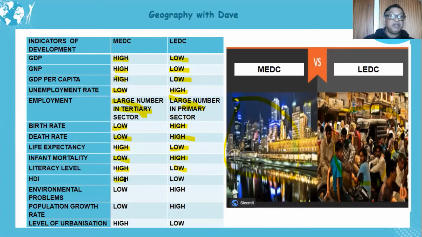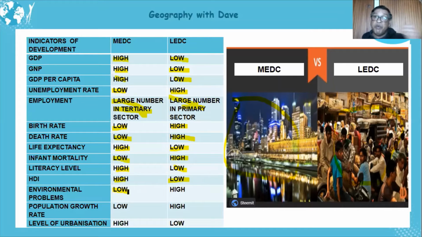The Human Development Index, the HDI, as you've done in the past, is definitely of higher quality in the MEDCs, because they have the money. The GNP is high, the average income is high, so they can afford a better quality of life, whereas it's low in the LEDCs.